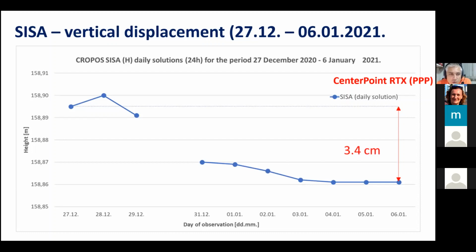And if we consider the height obtained for the day before the main shock, before any shaking, being the 27th of December, and so if you consider the, let's say, initial date and the final, we can see that there is a subsidence estimated to 3.4 centimeters.